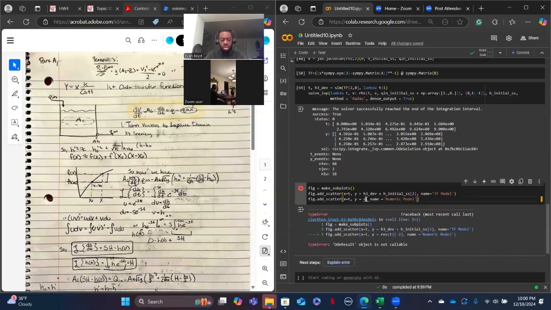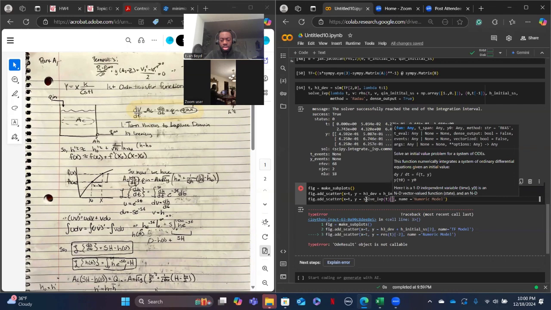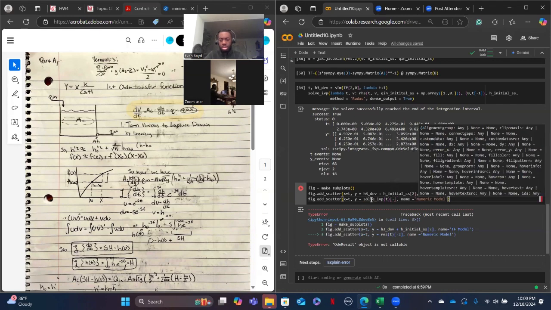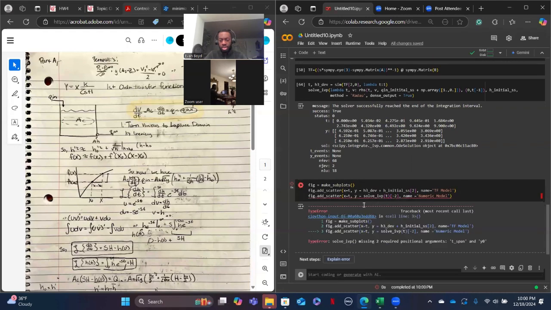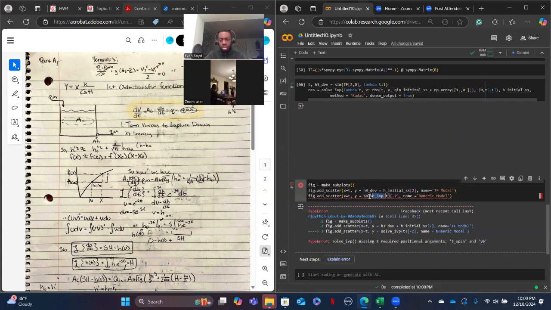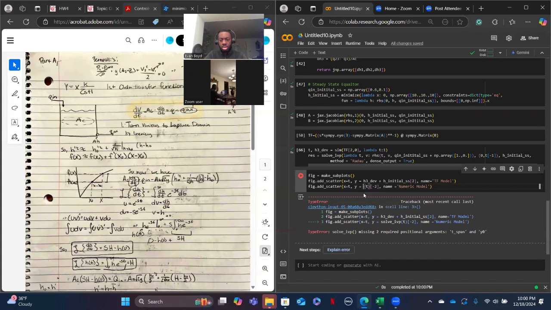Let me see if this may work. Solve IVP expected T minus 2. What's the problem here? This should work. I'm gonna be back. I don't know what the problem is. This should be right. Let me check.